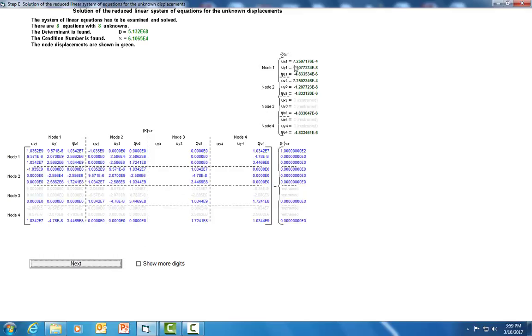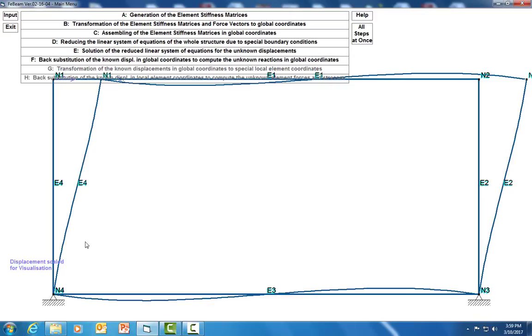These are the exact, here, translation X, translation Y, and rotation for node 1, and so on. And here we see 0 here. Node 3 has no translation but rotation. And here, so and then now we go and say the next step was here.